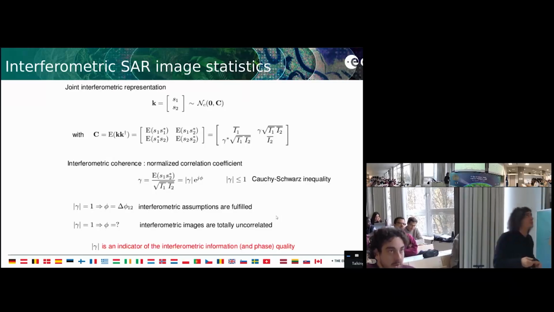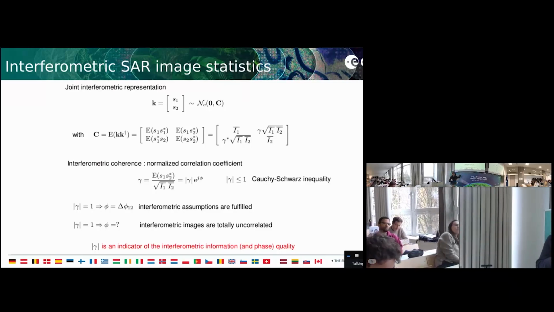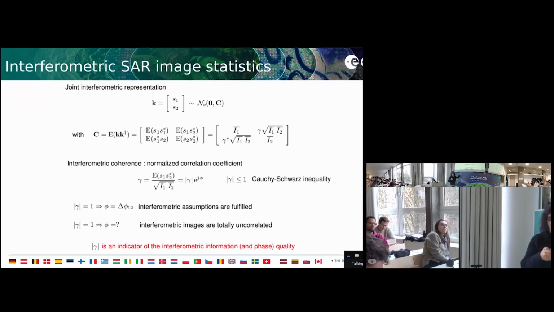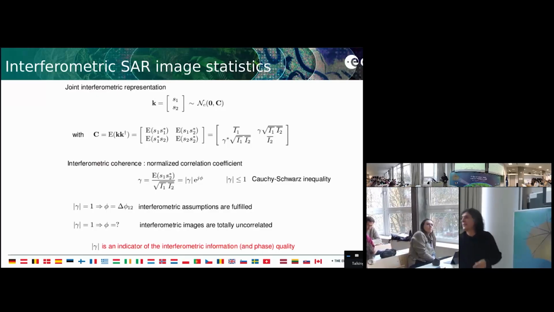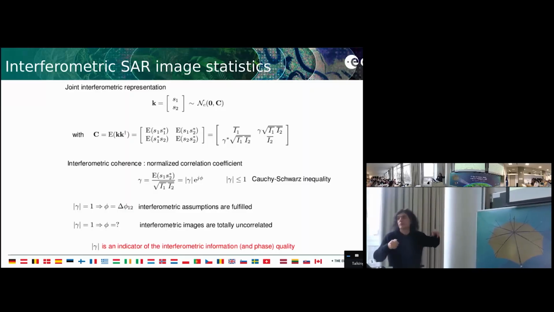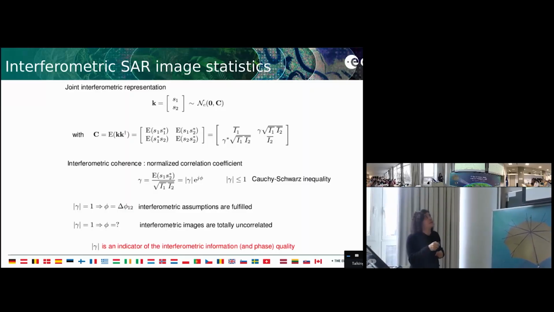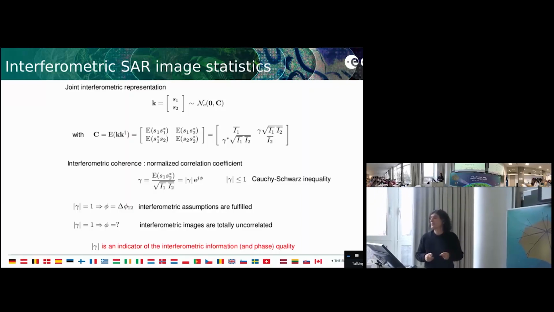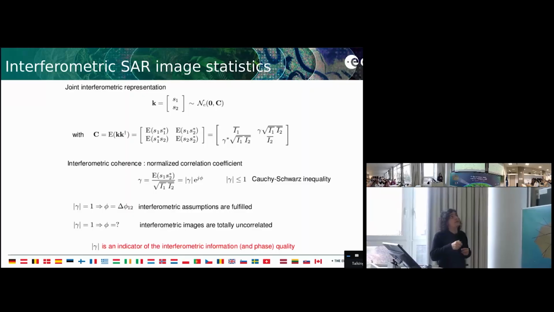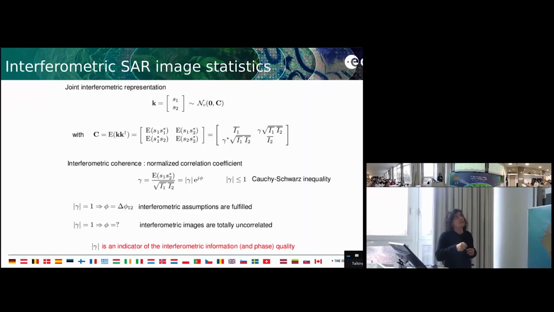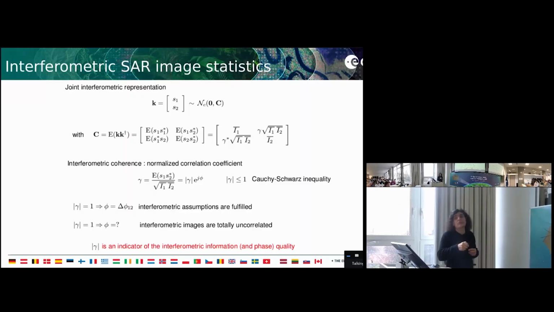And we just generalize. You don't need to understand all of this, I'm just explaining. My objective here is to describe this term. The generalization of the intensity, which was the square modulus when you work with one image, is here called the covariance matrix. The covariance matrix computes the intensity of the first image, the intensity of the second image, and the cross correlation, one image times the complex conjugate of the other.